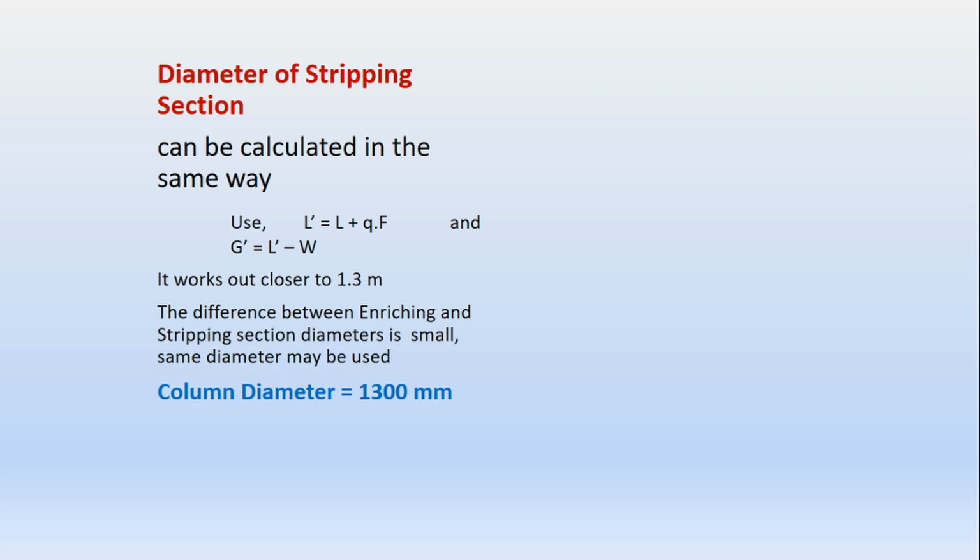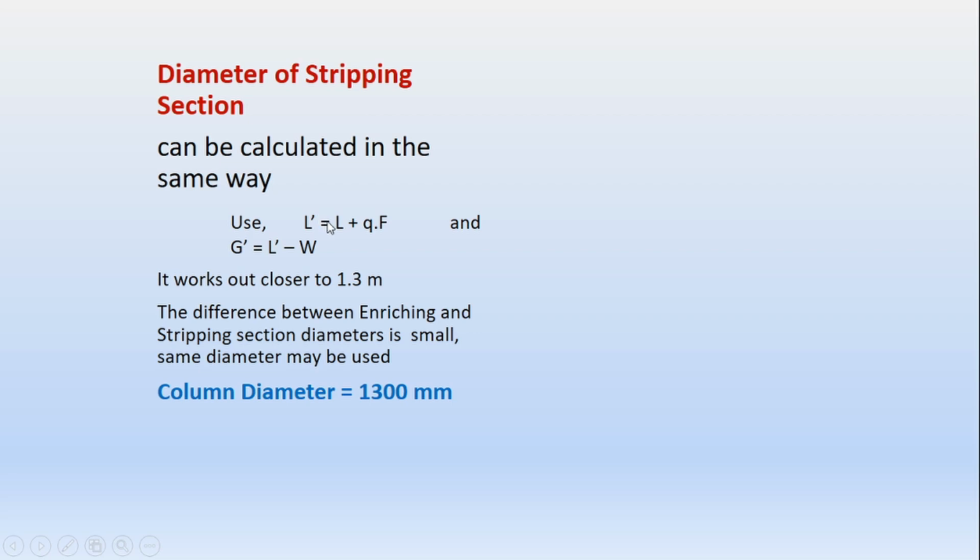You consider the gas flow rate or the vapor flow rate at the bottom of the column. That can be determined using L dash minus W. L dash is the liquid going down, minus W, the product withdrawn. And this L dash is obtained from L plus Q into F. So the feed flow rate is known, the Q value is known, and L is the liquid in the column, which is equal to the reflux going into the column.